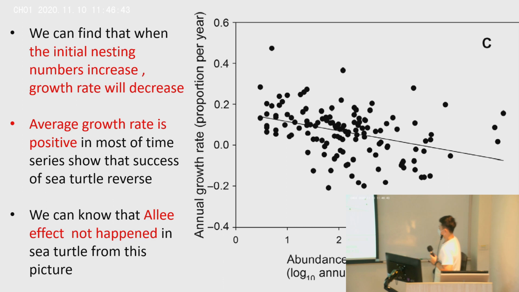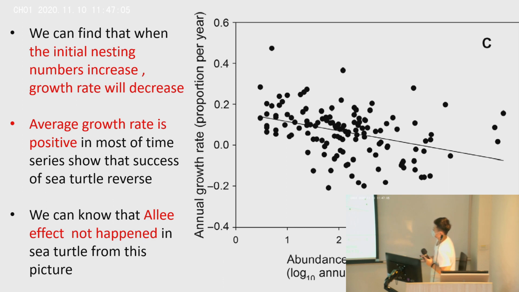When the number increases, the annual growth rate decreases. So we can get that when the initial nesting number increases, the growth rate will decrease.